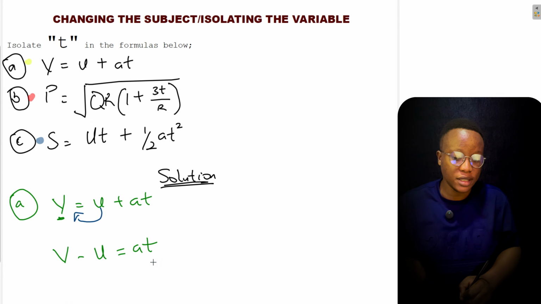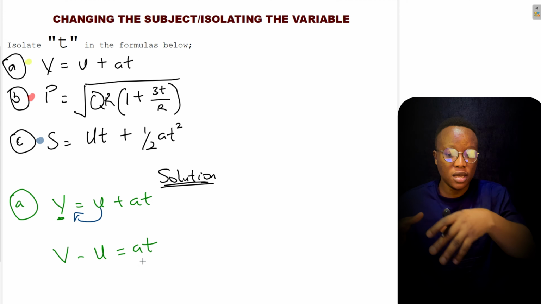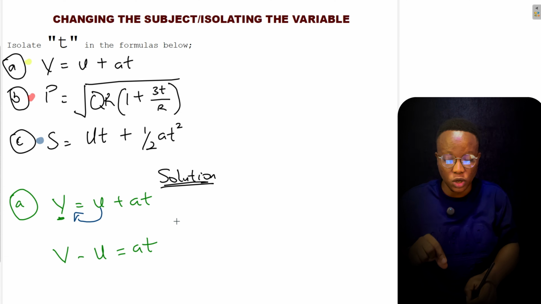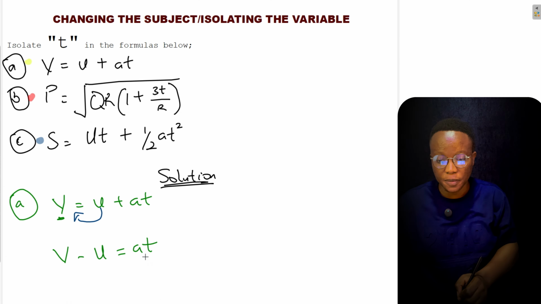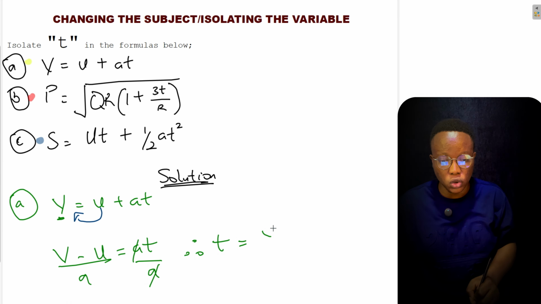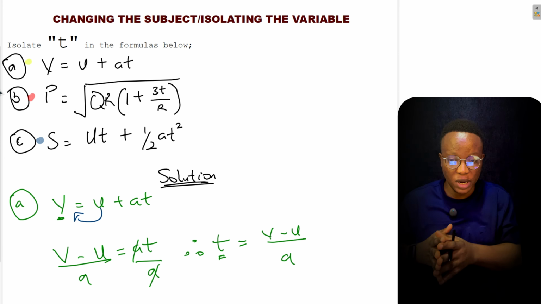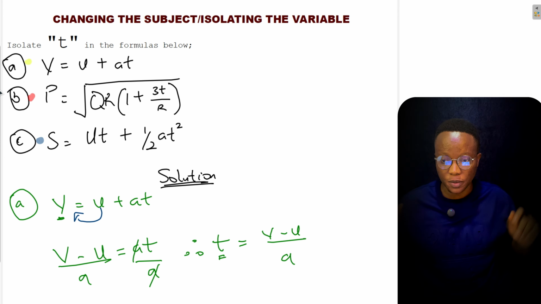Since at means that a is multiplied by t, to isolate t in that situation, we have to divide both sides by a. Therefore, t is equal to v minus u over a. So you see, we have isolated t here, and we have made it the subject of the formula. That's all about that.